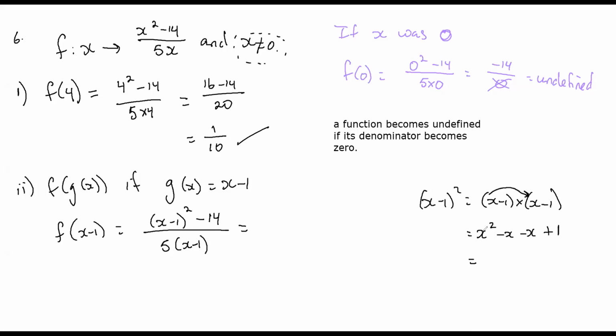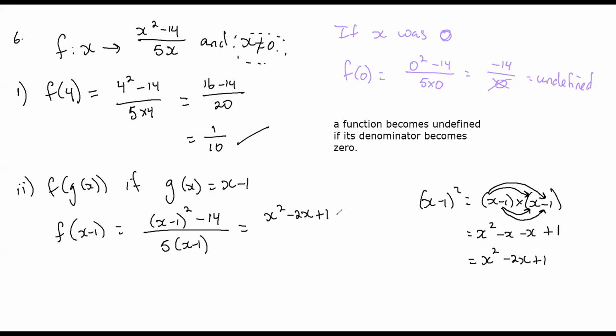So x by x is x squared, x by negative 1 is negative x, negative 1 by x is negative x, and negative 1 by negative 1 is 1. So that's x squared minus 2x plus 1, because negative x take away x is negative 2x.